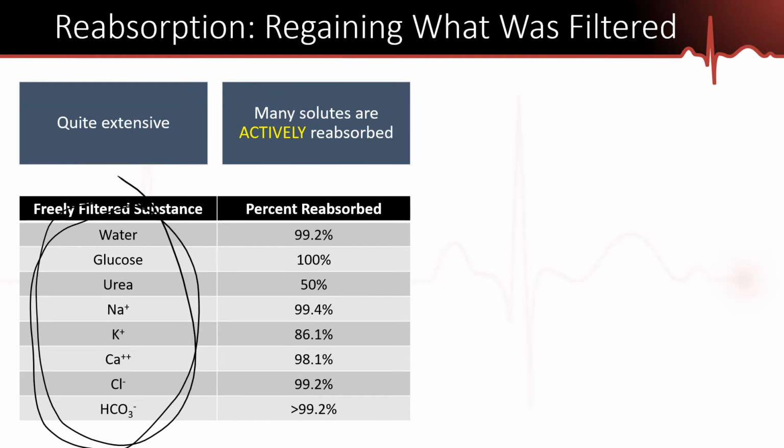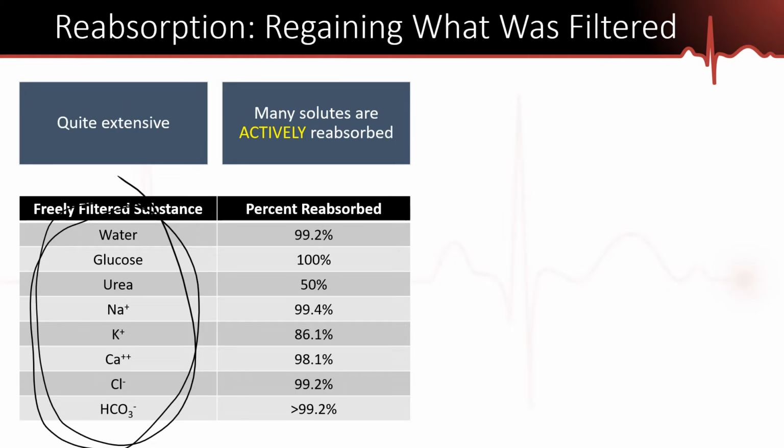So you can imagine when you start talking about true renal physiology, it's incredibly extensive because you get into a conversation about how every single one of these different molecules and ions is ultimately moved from the blood plasma within the nephron back into the bloodstream within the peritubular capillaries.